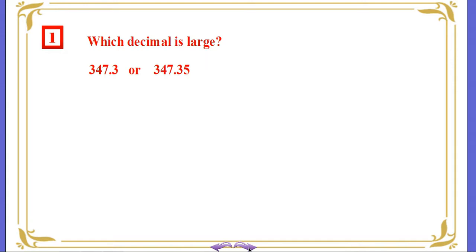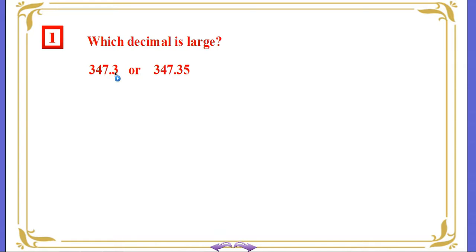Compare the decimals: which is larger, 347.3 or 347.35? To compare them, we compare the digits starting from left to right. We have 3 equals 3, 4 equals 4, 7 equals 7.